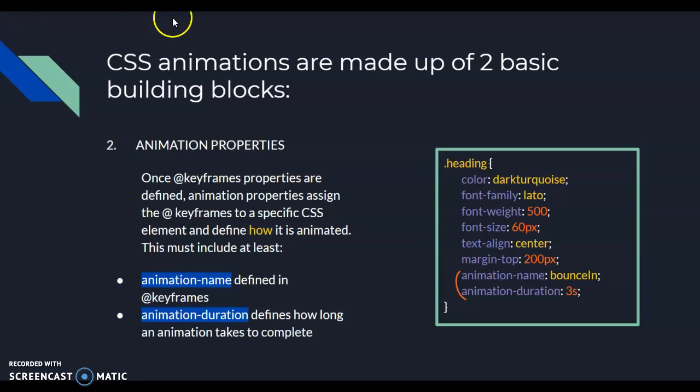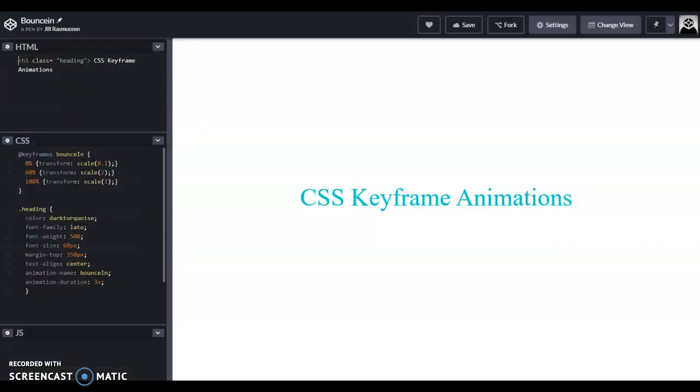As you can see, for the heading class, I have some other properties assigned to style this heading. And then here at the bottom, you can see the name and duration animation properties have been added. So let's see this in action. We're going to reload this.